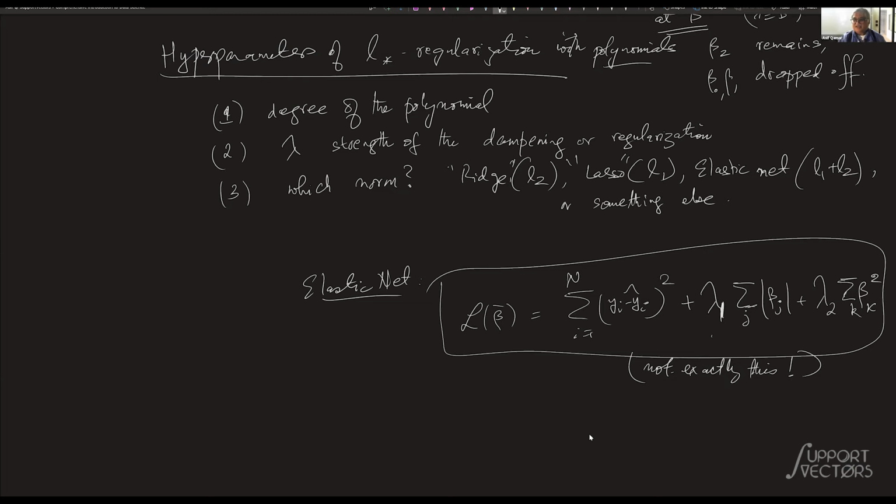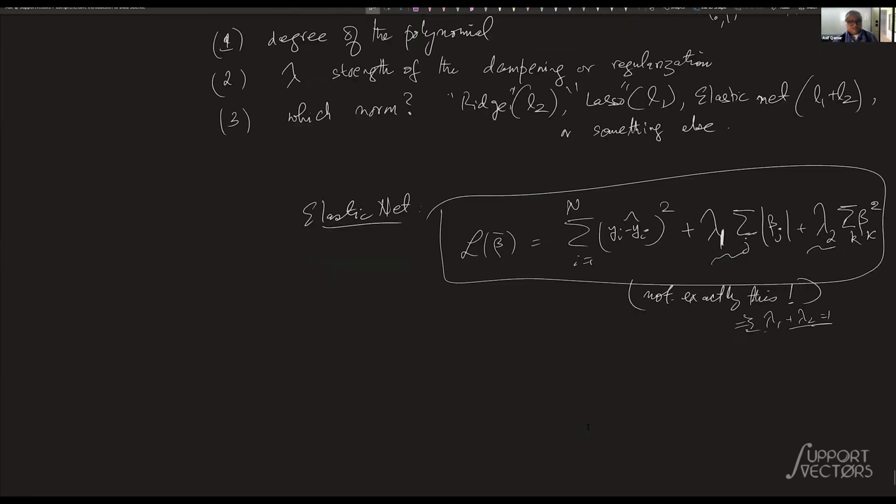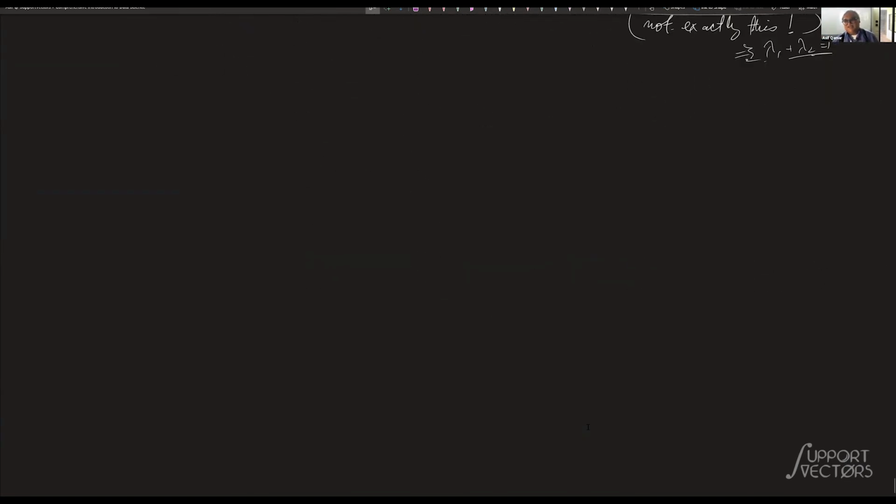The way you do it is 1 minus lambda and lambda. How much of this and how much of that? I think there's some constraint like lambda 1 plus lambda 2 is equal to 1. I'll have to look up the exact thing, but something like this is in effect. So there's a further constraint you apply. So you're basically saying how much of ridge regularization and how much of this will get the job done. So this is what we learned last time.